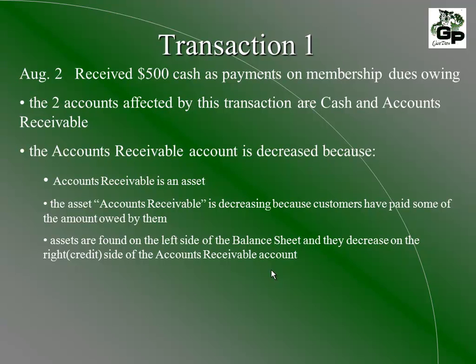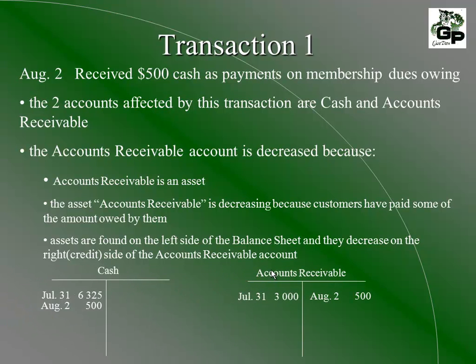That's called the credit side. So we have the accounts receivable T account on the right side of this slide. We notice that it had an opening balance on July 31st of $3,000, and that was a debit balance. Now, due to this transaction on August the 2nd, we decrease the balance for accounts receivable by $500. Decreases appear on the credit side.